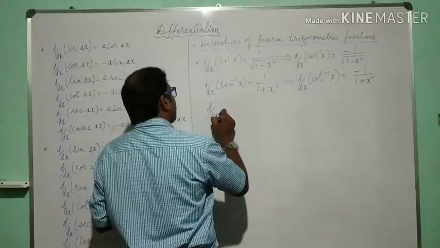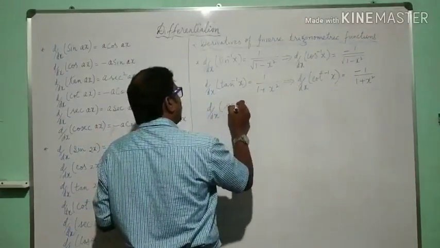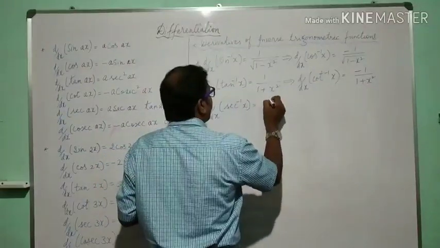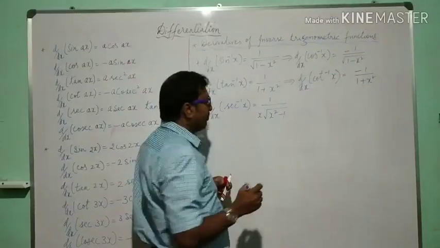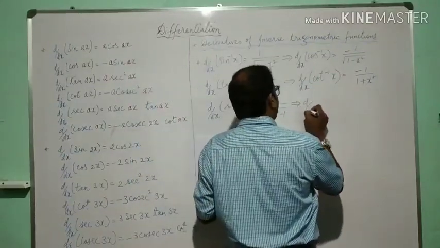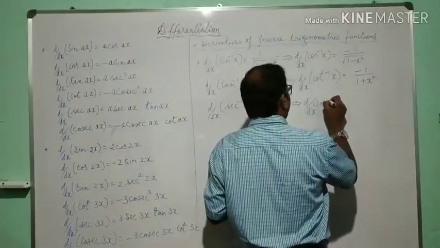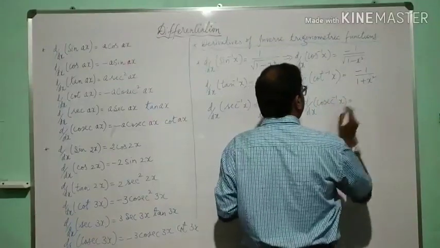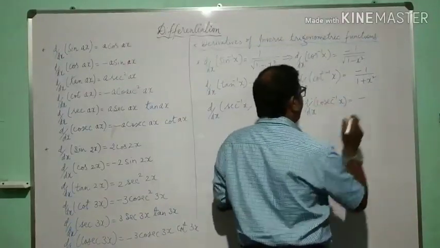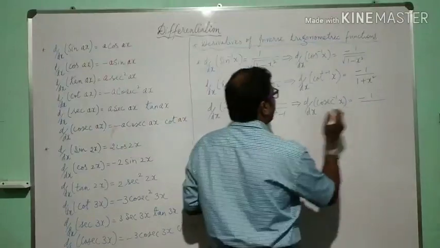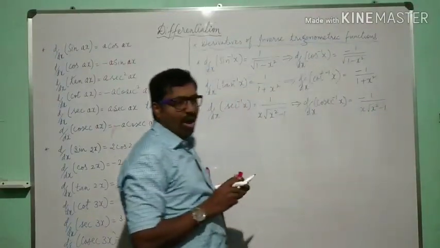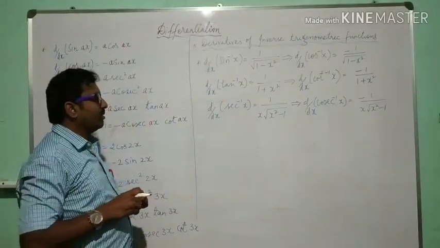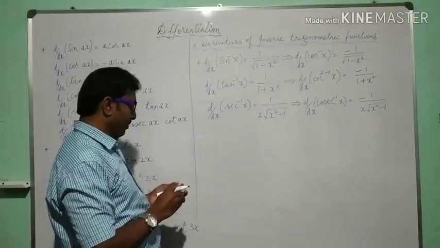D by dx of secant inverse x is 1 by x root of x square minus 1. Here the derivative of cosecant inverse x is the same thing with negative sign, minus 1 by x root of x square minus 1.